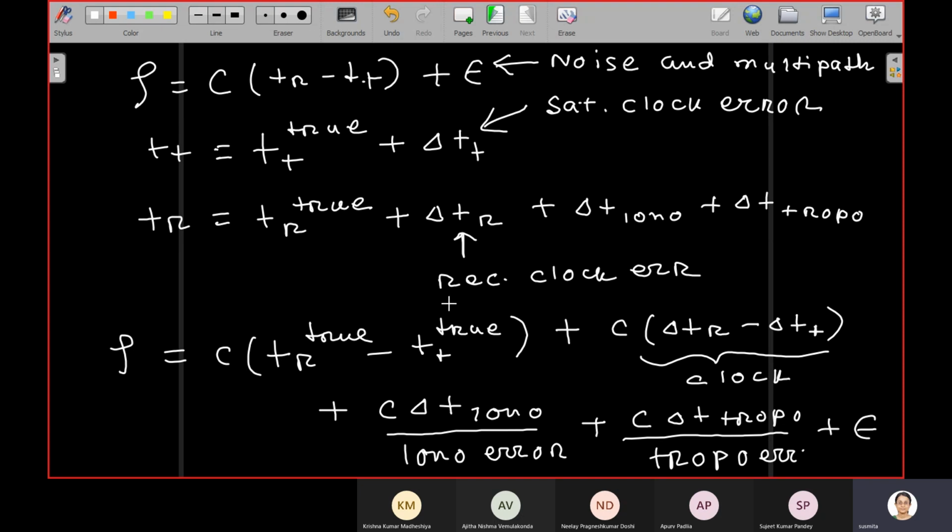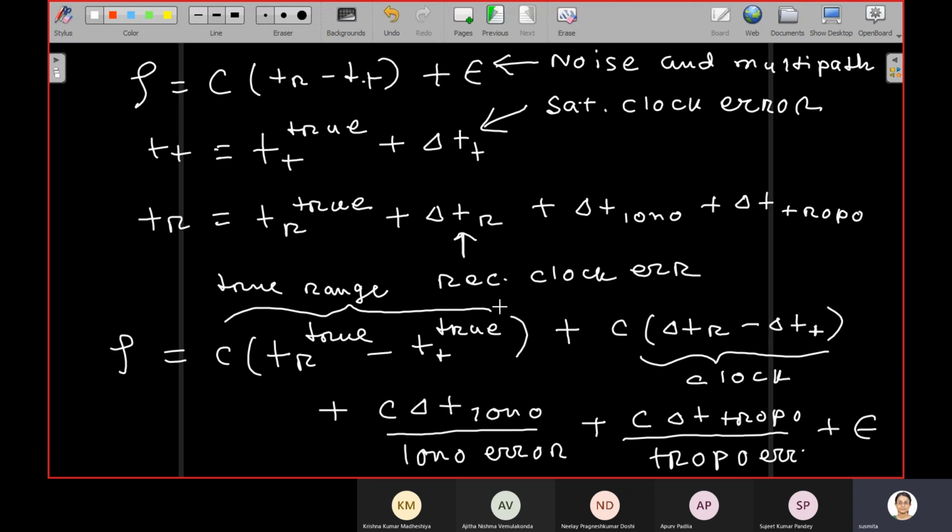This is the geometric range or the true range. Okay, there are some other sources of error as well, but we'll not consider them here because they are not large errors. They are very small errors.